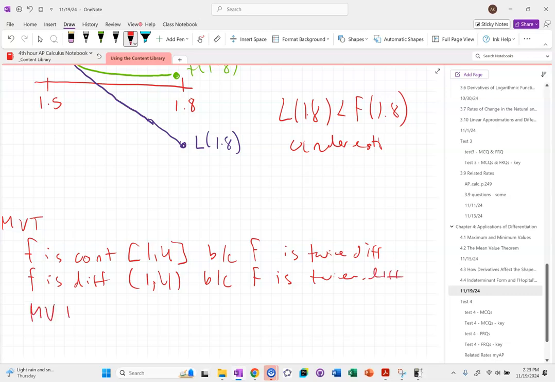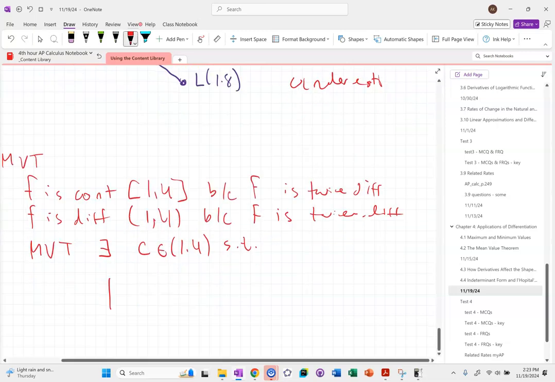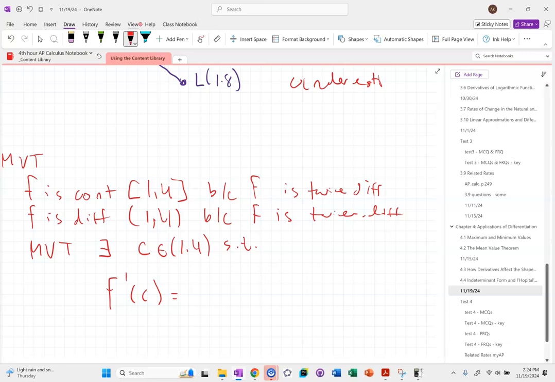So the mean value theorem states there exists a c on the interval from 1 to 4 such that f prime of c is equal to the average rate of change, and we're told that value is supposed to be 6.5.